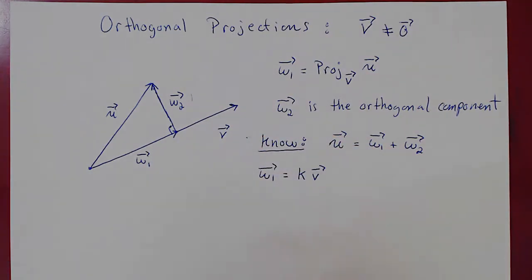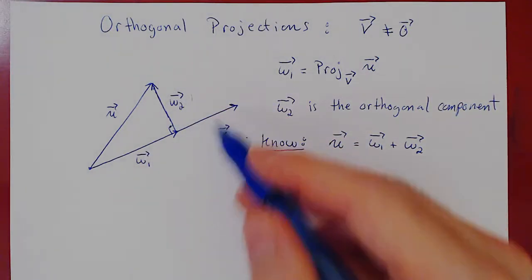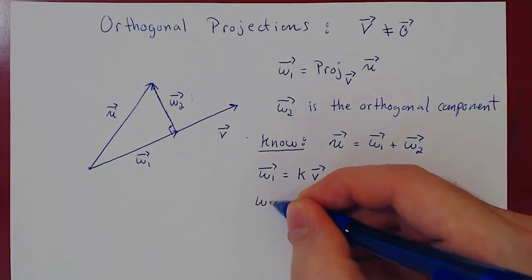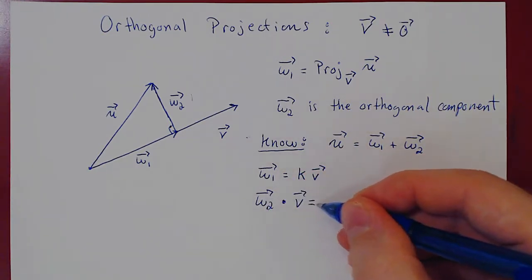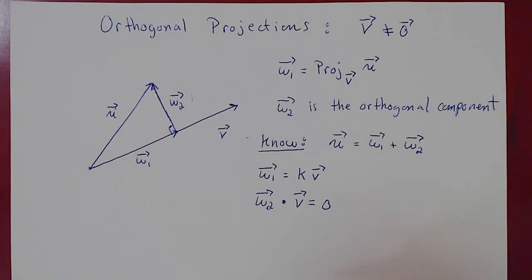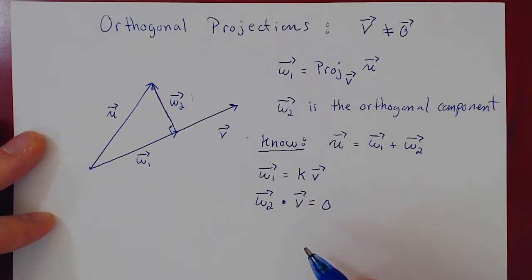And if you remember, two vectors are perpendicular if and only if they have a dot product of 0. So w2 dotted with v must be 0. And now with these three equalities, we should be able to solve for w1.